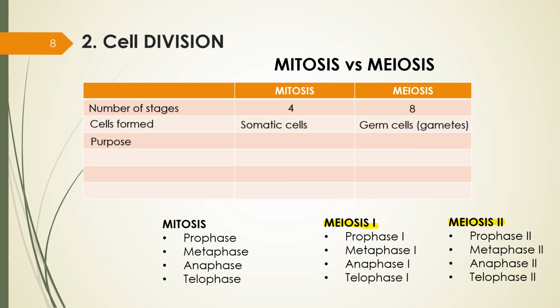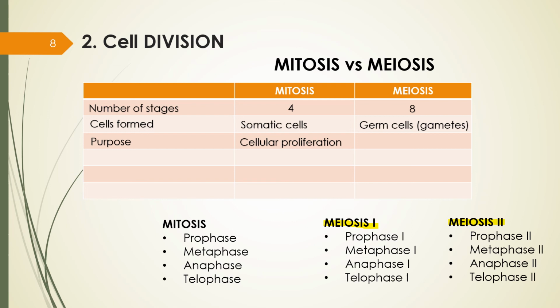Why do I perform mitosis? Why do I need to form somatic cells? For growth, for cell proliferation, for me to grow or for me to heal. For example, when I have a cut, I need to replace the cells. So for cellular proliferation, to replace the cells of your skin, for example, okay?